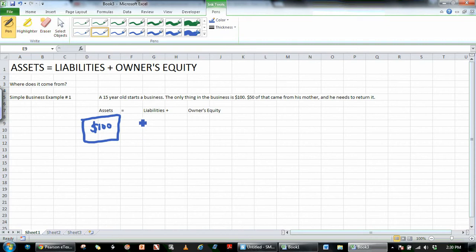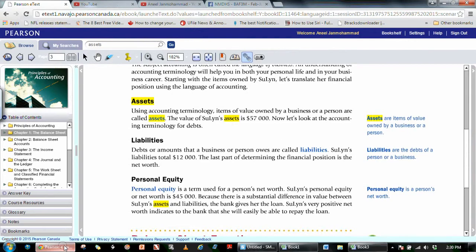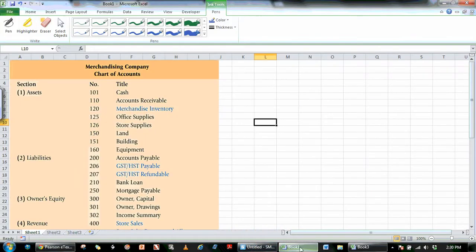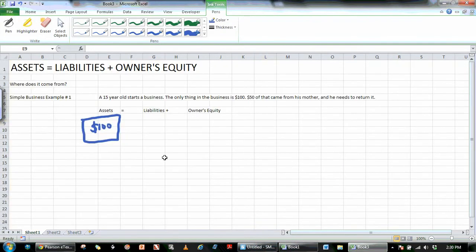And now, what is a liability? Liabilities, the true definition of liabilities within your textbook, you've got that liabilities are the debts of a person or a business. So the debt here for this 15-year-old is that $50 bill, right? That he owes to his mother.